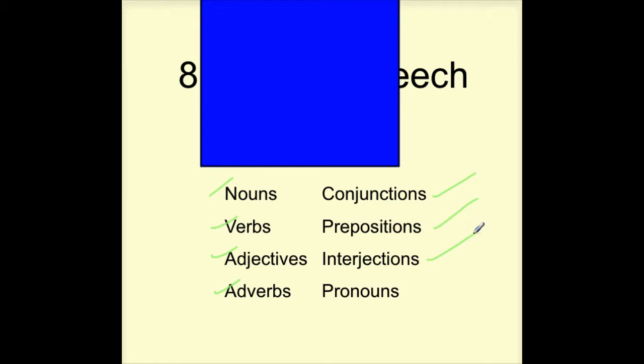Interjections, yikes, wow, ouch. And pronouns, he, she, it, they, words that take the place of nouns. So nouns, verbs, adjectives, adverbs, conjunctions, prepositions, interjections, pronouns. We're going to talk about all these 8 parts of speech throughout the year, but this unit number 2 is specifically on nouns.